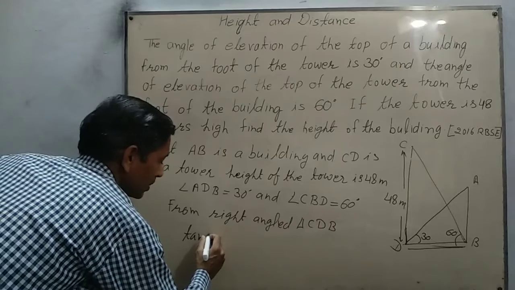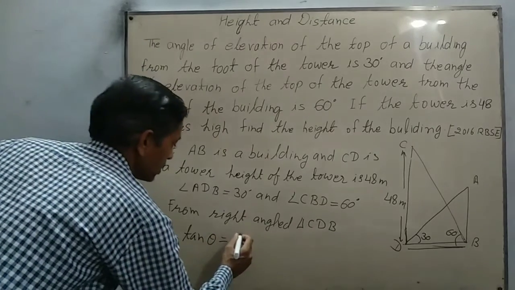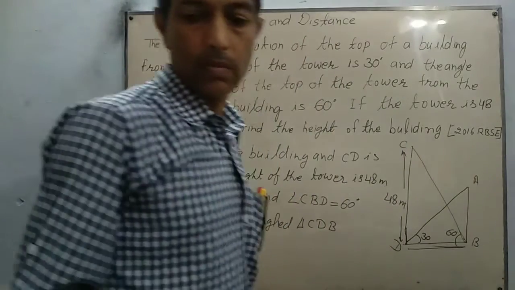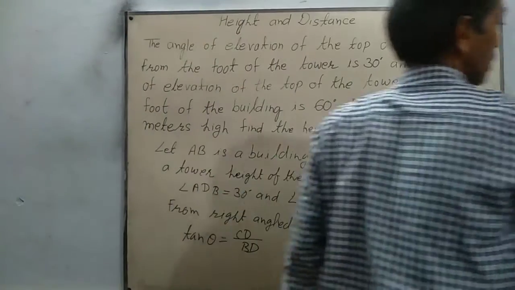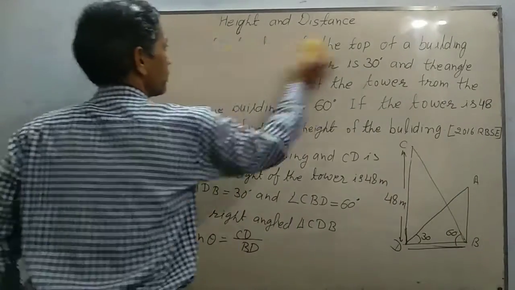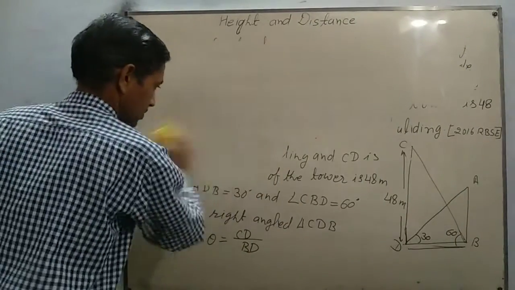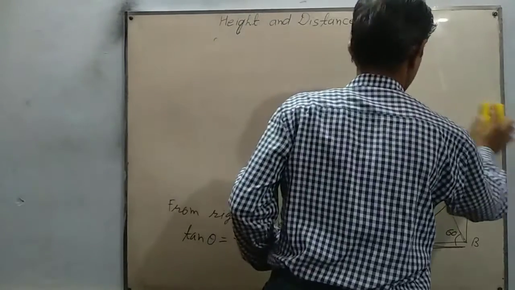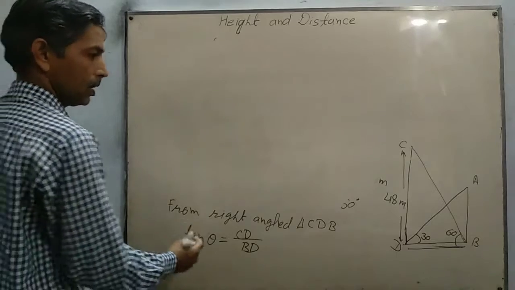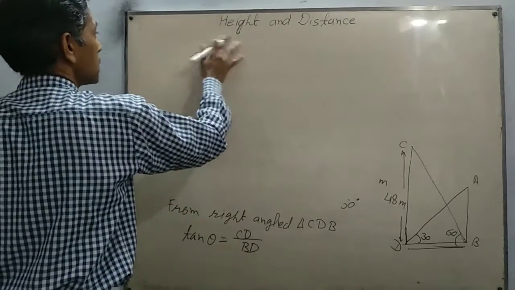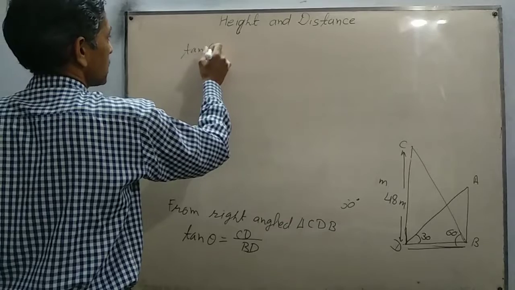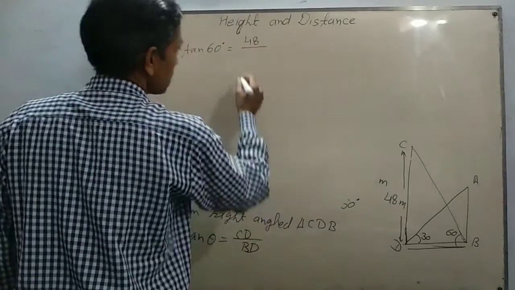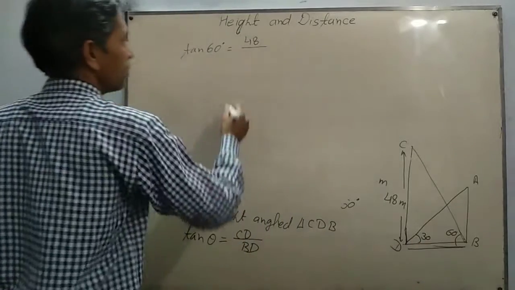tan theta is equal to CD upon BD. tan थीटा की वैल्यू 60 डिग्री, so tan 60 degree is equal to CD is 48 and base is equal to BD.